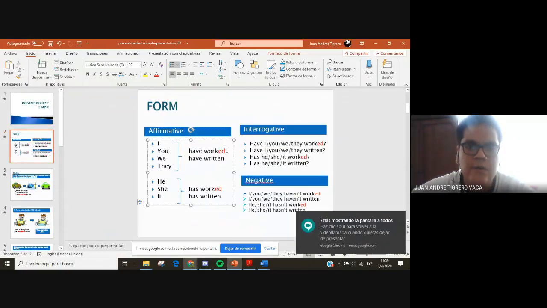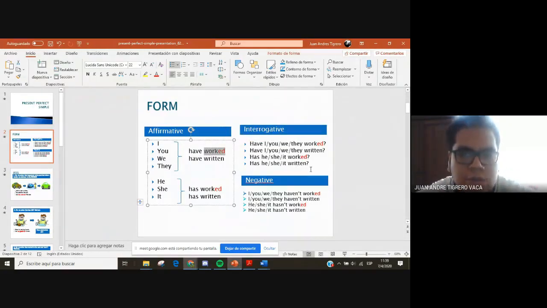Like you see here, work, you just add ed, like in the past. So I have worked, okay? But there are some cases where you have to use irregular verbs, like this, written. That is the past participle. It's not the same as past simple. So it's the past participle of the verb.